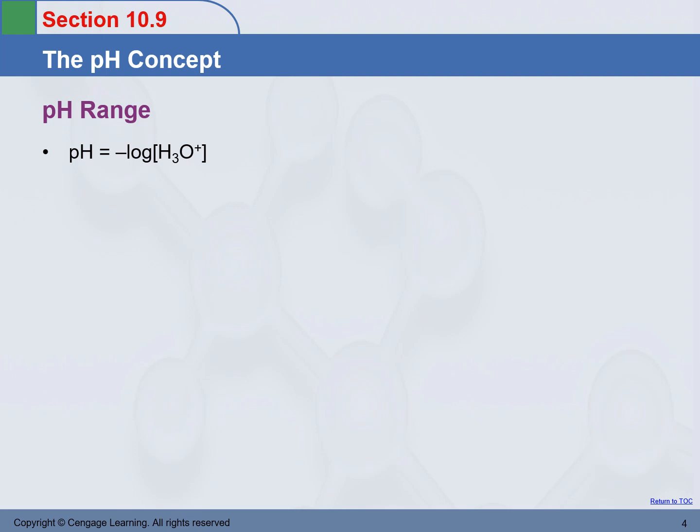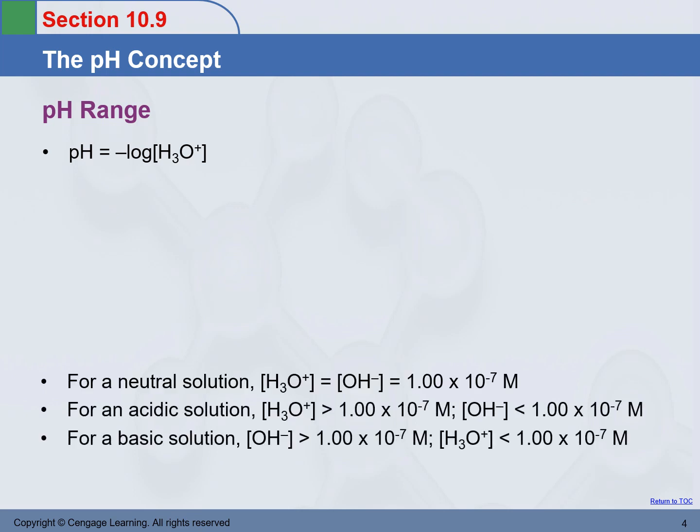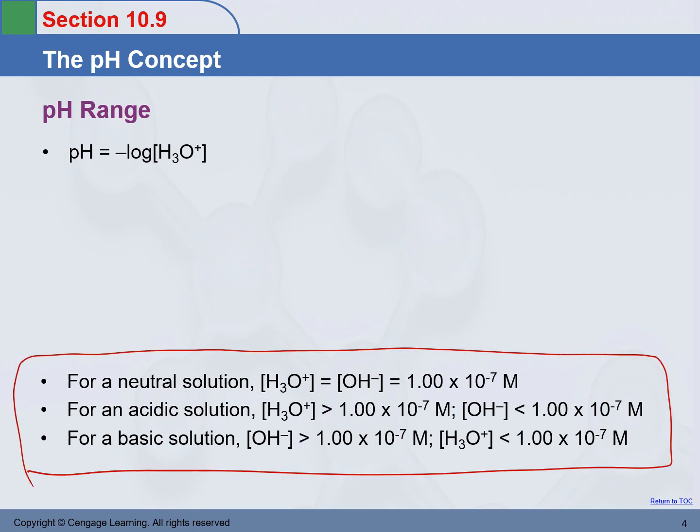Well, let's talk more about the range of pH. Keep in mind, this is what we know already. For a neutral solution, hydronium ion concentration and hydroxide ion concentration are equal, and each one of them is 1.00 times 10 to the power of negative 7. For acidic solution, hydronium ion concentration is higher than that.